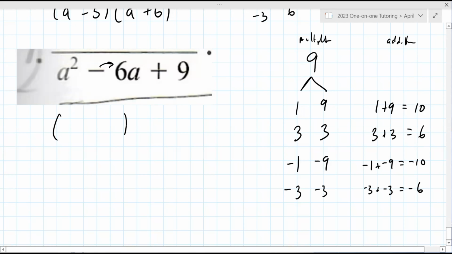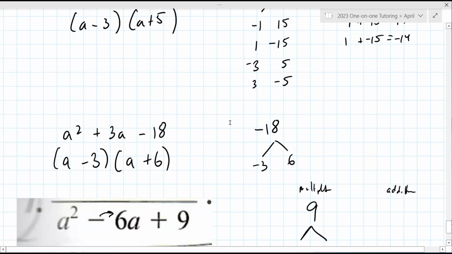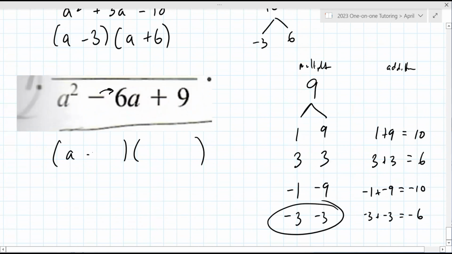So what should I write in parentheses over here? These obviously work. What goes in parentheses? Let's go back and look. In the previous problem, you told me it was minus 3. A minus 3.